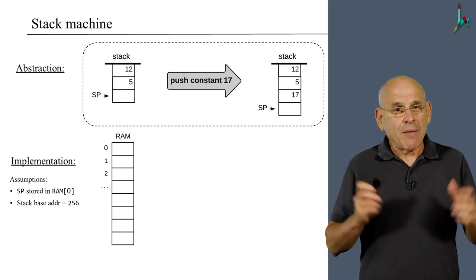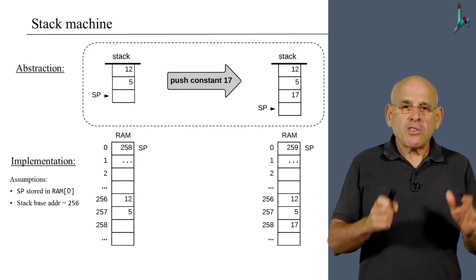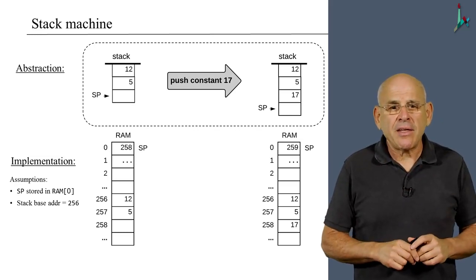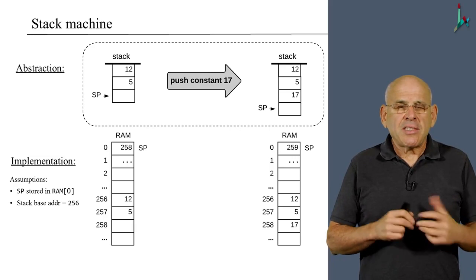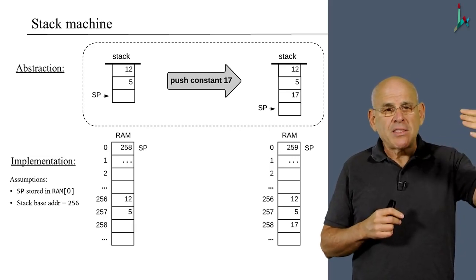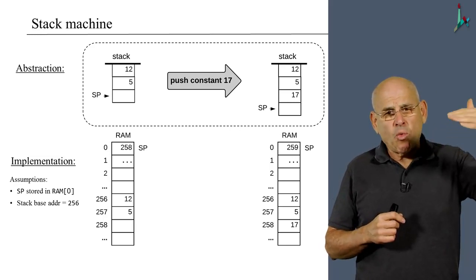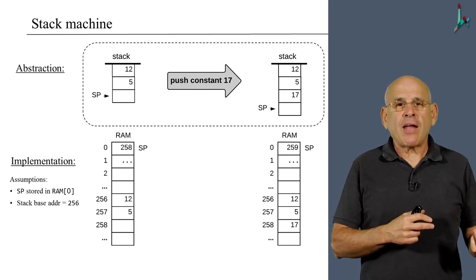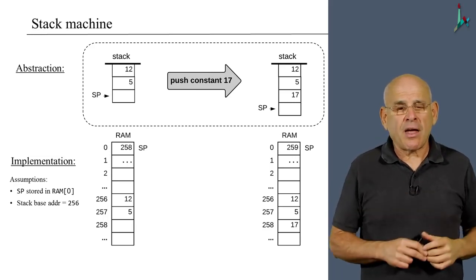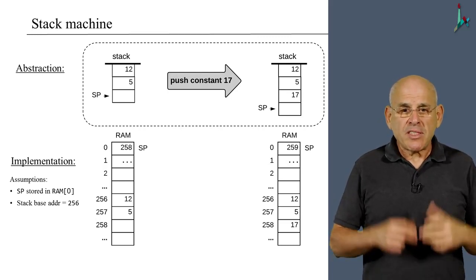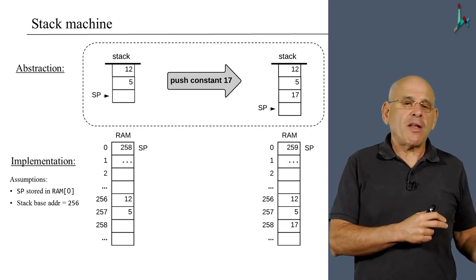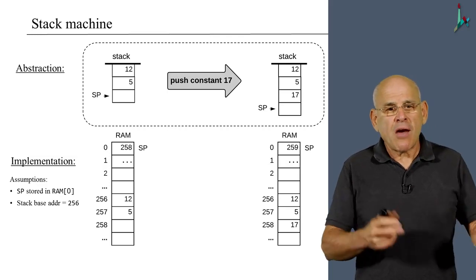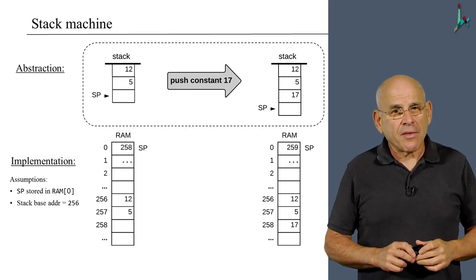So with these two assumptions in mind, let us focus on the left-hand side of the slide. The abstract stack that we saw above, which is 12 and 5, will be mapped on the RAM beginning in address 256, as we assumed. And therefore, the stack pointer, which always points to the next available location, now contains the number 258.